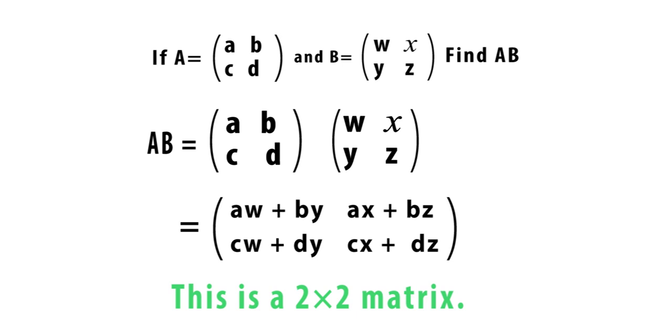Simply, we are taking the row and the column, so we multiply the elements and take the sum in each case. Good.